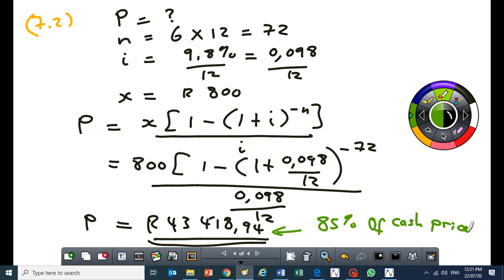When Mr. Matabane went to that car dealership, there was a price on the car. What was that price? Okay? So let's move on to the next question. Now, to get the price, remember we are saying 43,418.94. This is 85%.